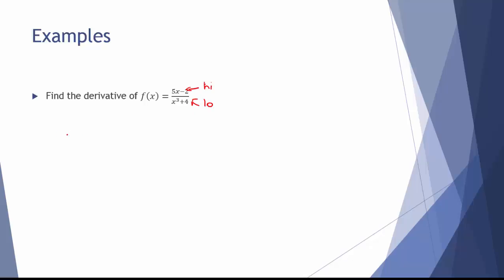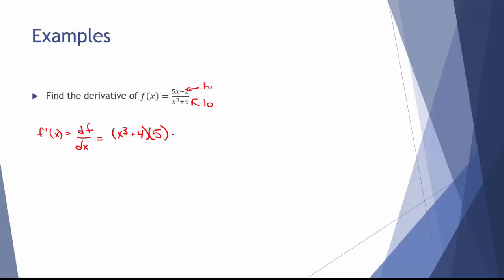So when I find the derivative of this, so f prime of x or df dx, either one, I need the denominator as is, so x cubed plus 4 times the derivative of the numerator. So the derivative of 5x is 5, and the derivative of negative 2 is 0.